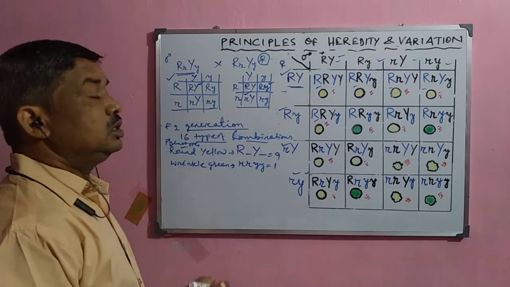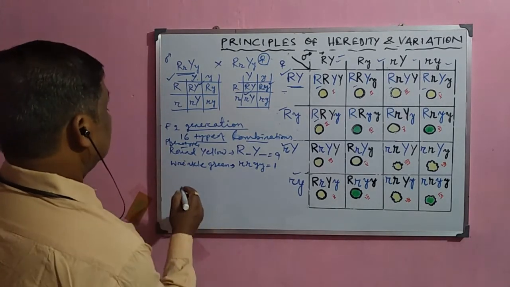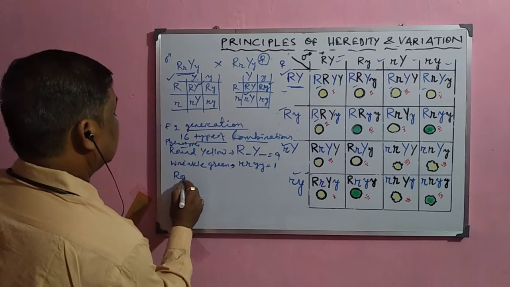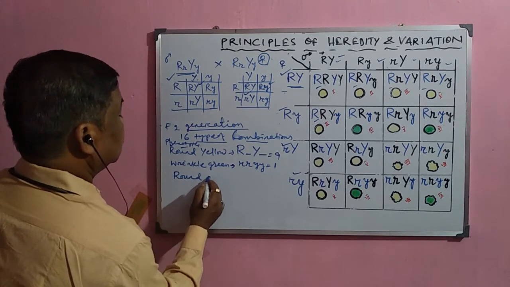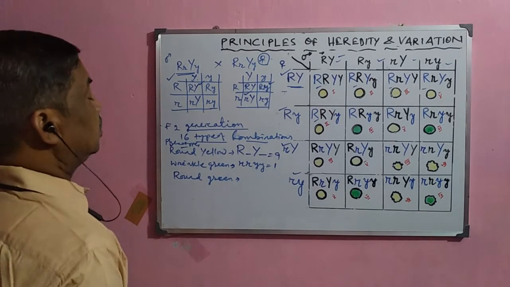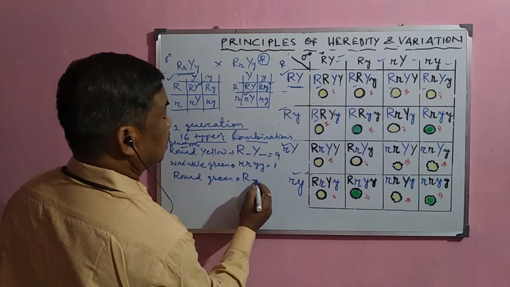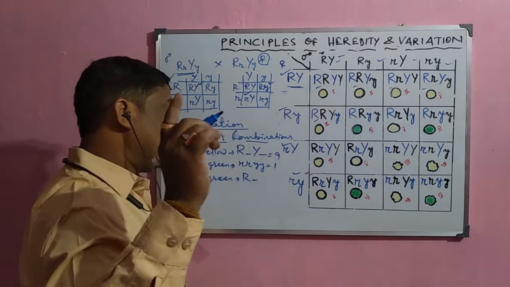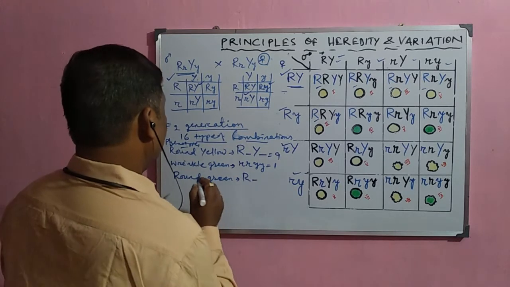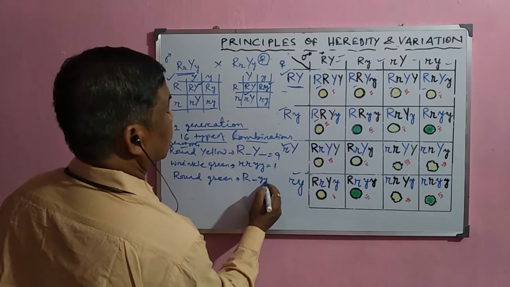But in the F2 generation, 2 new combinations he observed. That is the round character along with the green character. So round green: in case of round green, one R must be dominant, another either capital R or small r, and green means small y, small y.